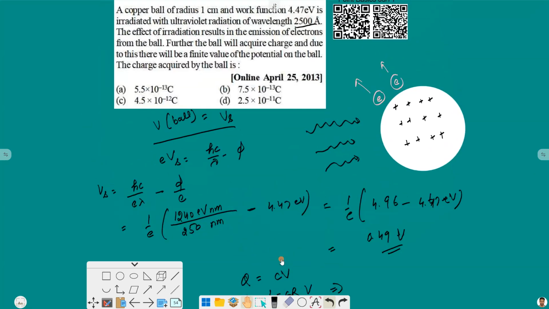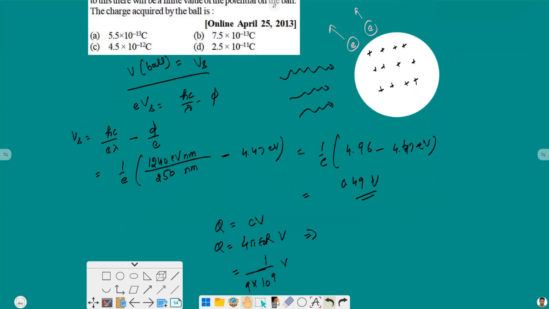It is given to be 1 centimeter, so 10 raised to power minus 2, and potential is 0.49. When we solve this, we will get 5.4 into 10 raised to power minus 13 coulomb, and that is nearest to option A for us. So option A is going to be the right answer here.